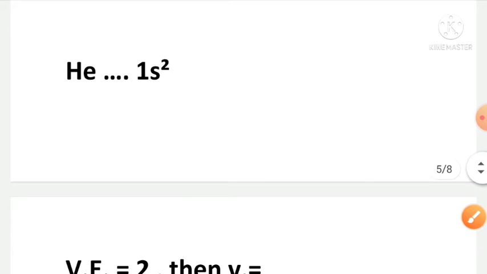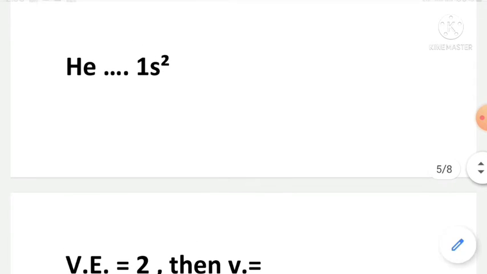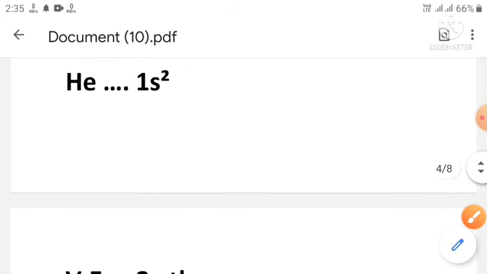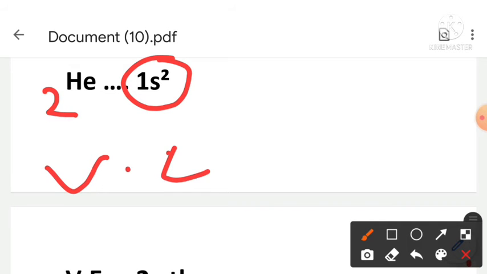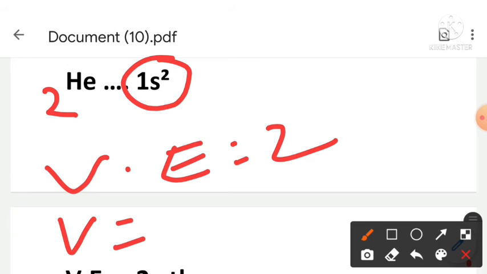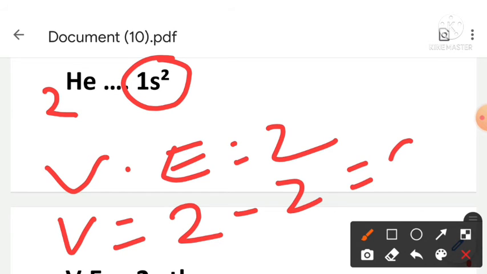We see the next example. Helium. We know that helium is a noble gas. We know that Z of helium is 2 and electronic configuration 1s2. So its outermost shell is 1s2. Then its valence electron is 2, but valency is, by using the duet law, 2 minus 2 is equal to 0.